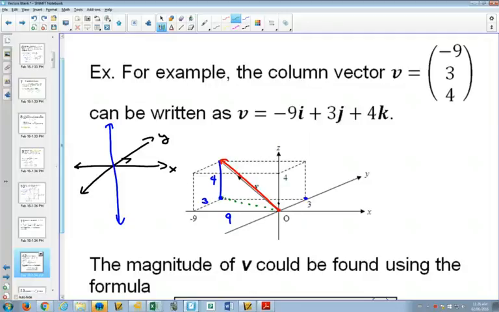And you could use a squared plus b squared equals c squared to find that dotted green line. And then once you got that dotted green line right there, there's another right angle triangle here with the green and the blue lines, and then you could find the red line.